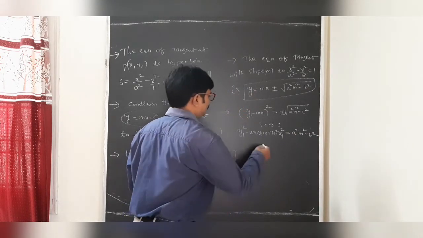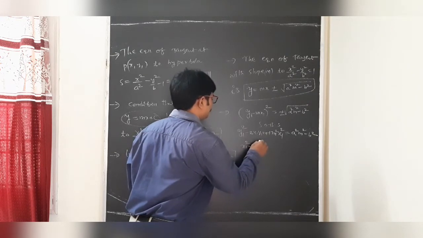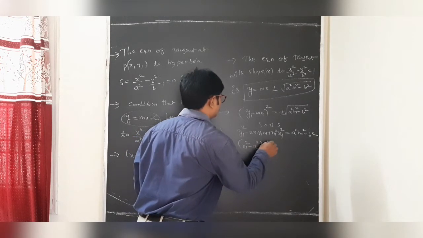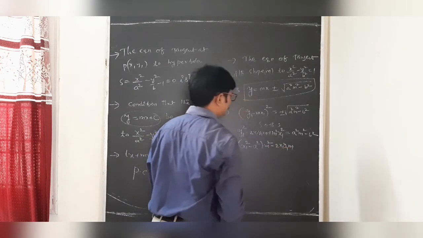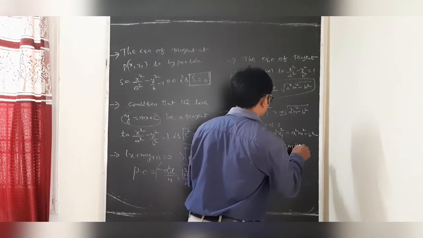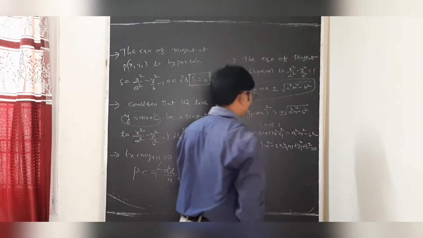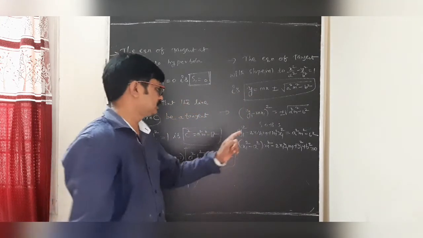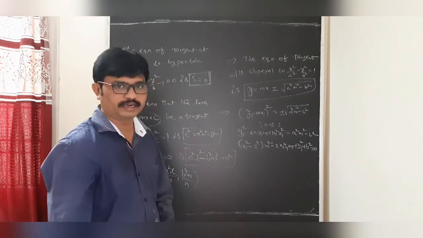So you observe the quadratic equation in m: x1 square minus a square into m square minus 2 x1 y1 m plus y1 square plus b square equal to 0. My dear students, this is a quadratic equation in m having roots m1 and m2.